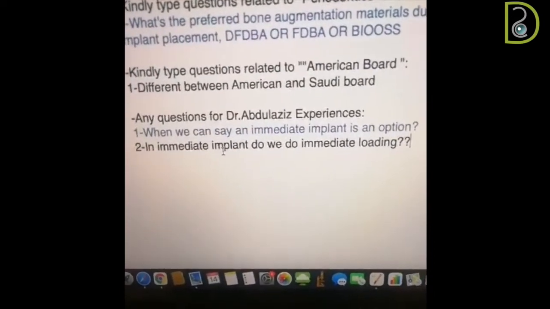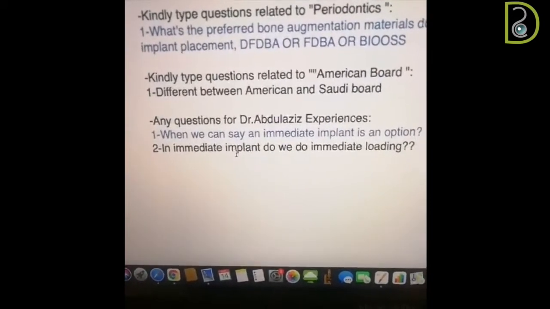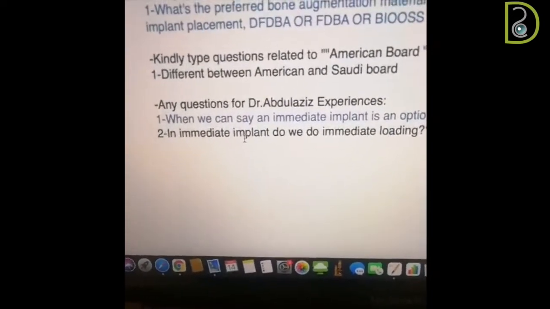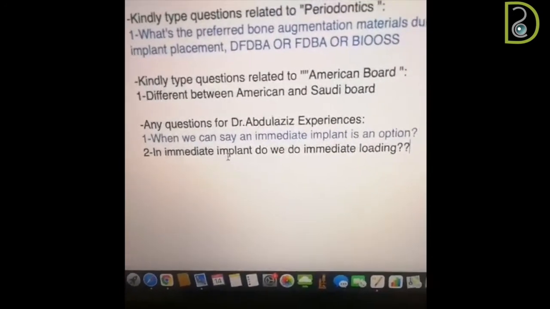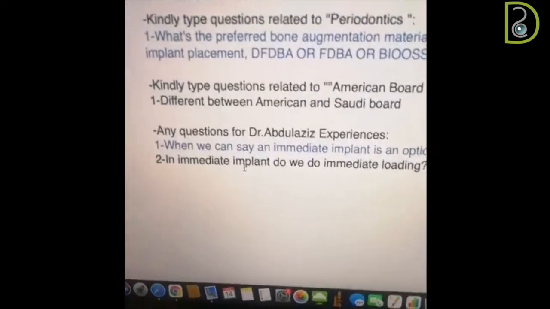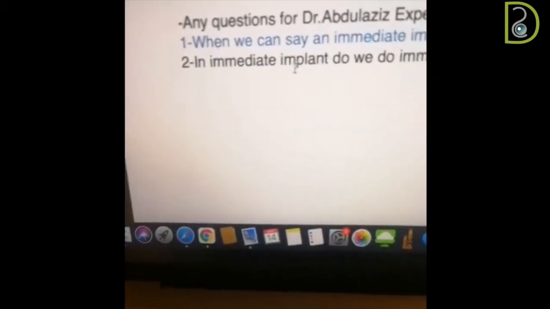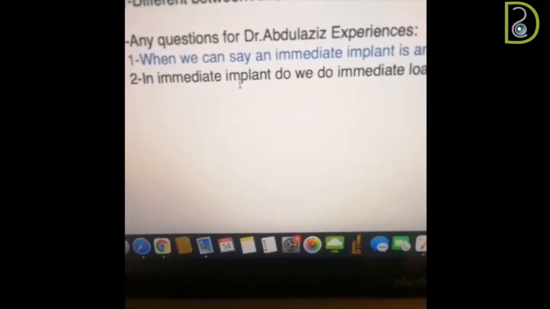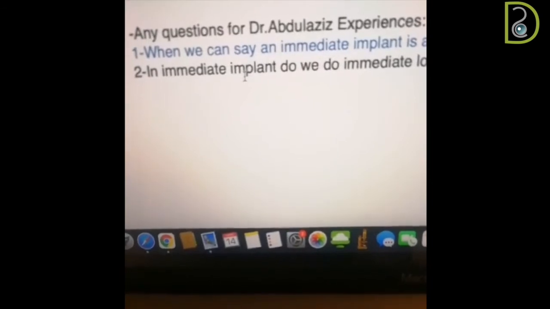I don't believe much in that, because some studies show that even if you place, for example, a long healing abutment and you obtain primary closure, you will not increase the thickness. For me, I am an open-minded person. I will try to do it, but sometimes it doesn't work, to be honest with you. Sometimes if you just add a graft there, you will end up with more thickness.